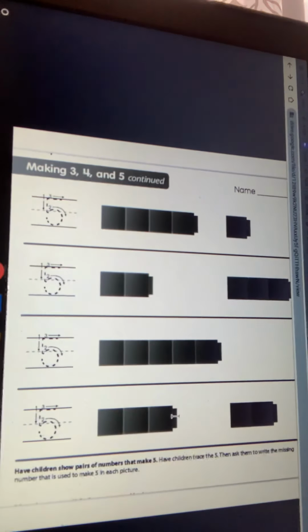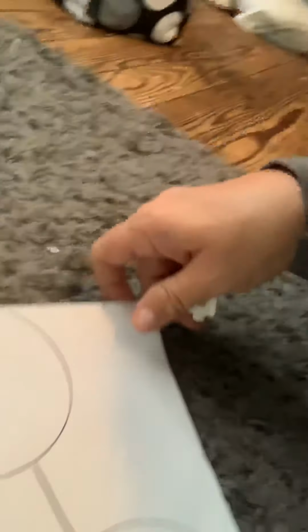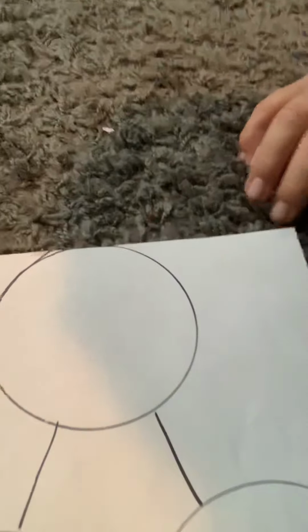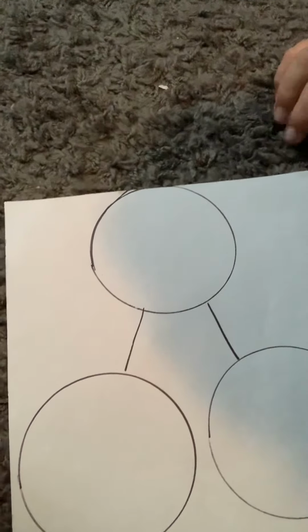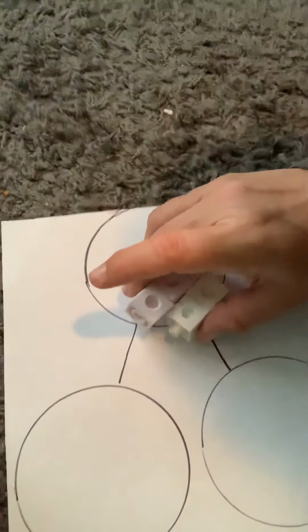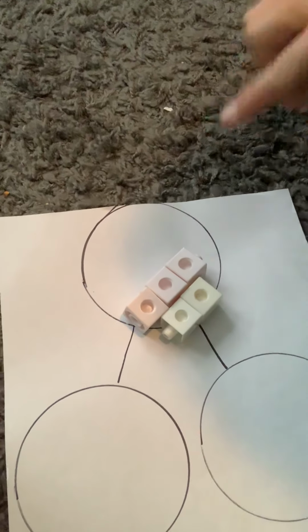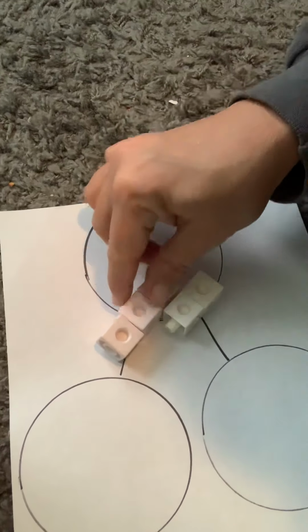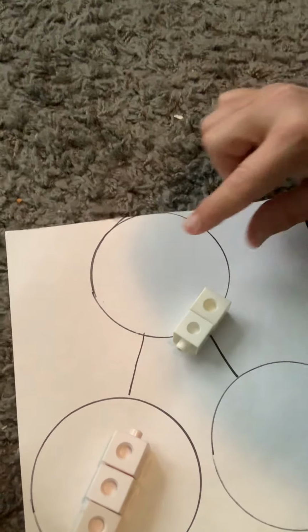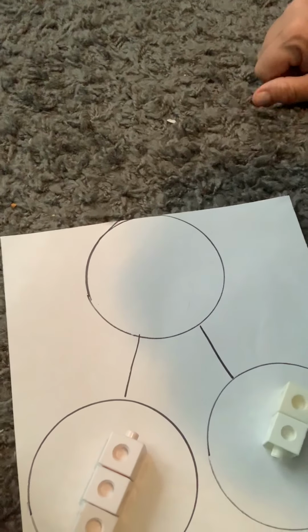Let's look at our number bond and see these numbers on here. So I have my number bond here, and I had 5 all together. I move my blocks down these lines to figure out my parts.